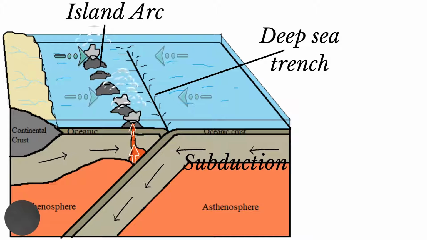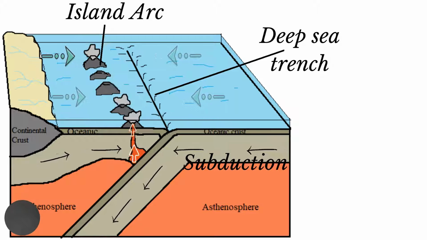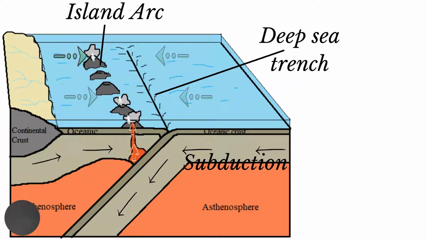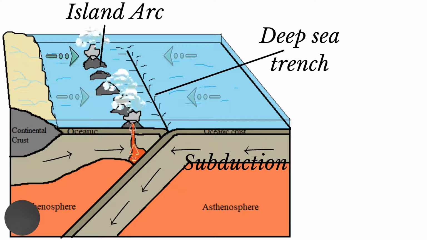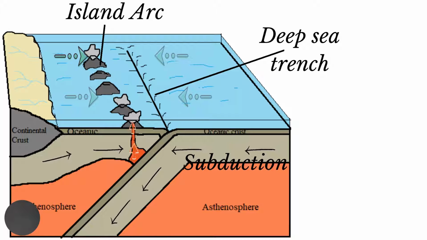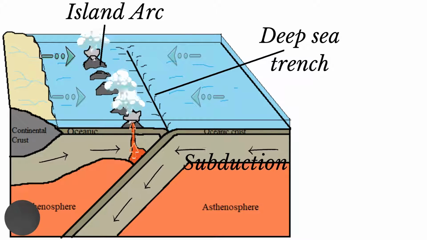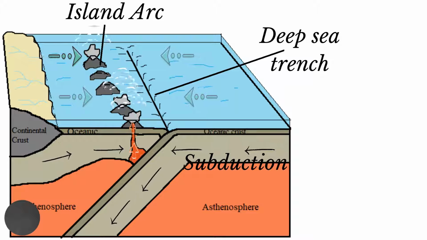So notice the difference. When an oceanic and continental plate meet, the series of volcanoes that form on the continent or on the continental crust is called a volcanic arc. However, where two oceanic crusts meet, the series of volcanic islands is called an island arc.